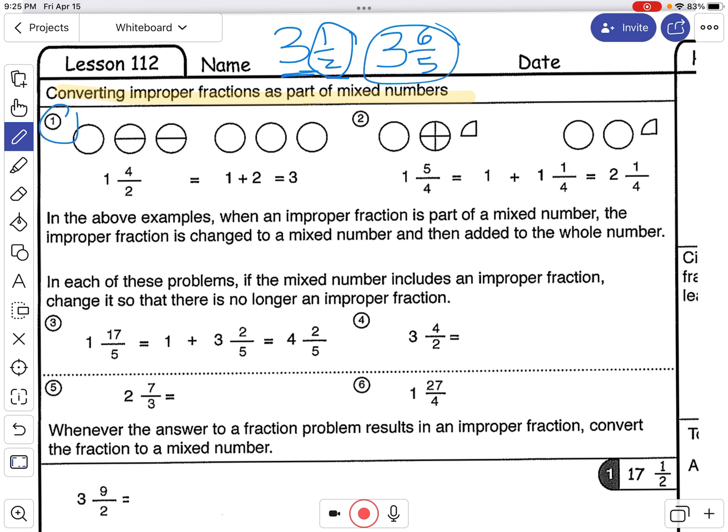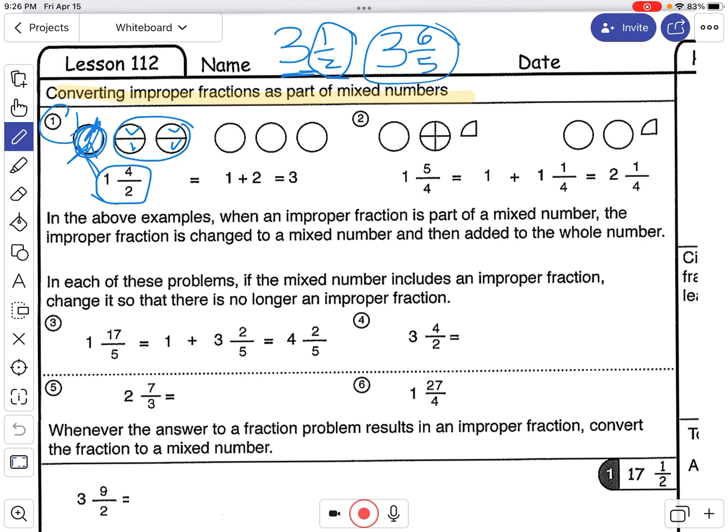So sample problem number 1 is 1 4/2. How do we convert that? Well, 1 is just plain old 1. You can see that represented here. And then 4/2. Here's 1/2, 2/2, 3/2, 4/2. Well, those 4/2 are equal to 2 wholes.